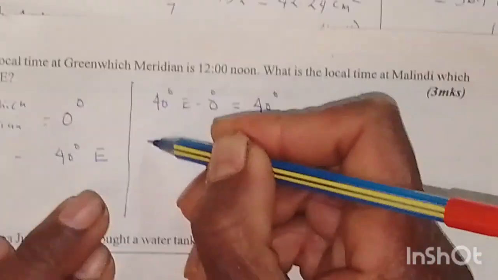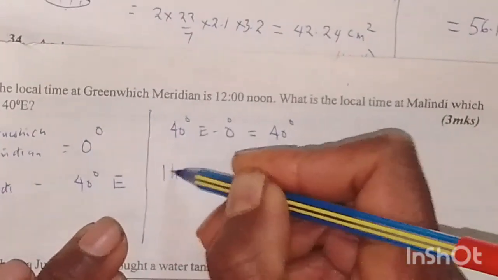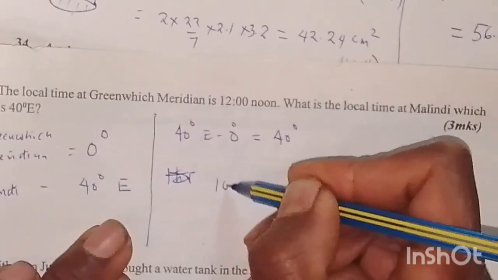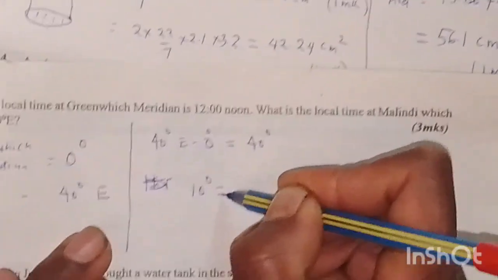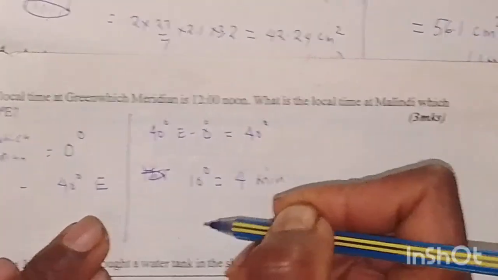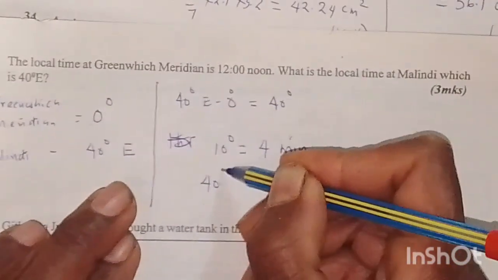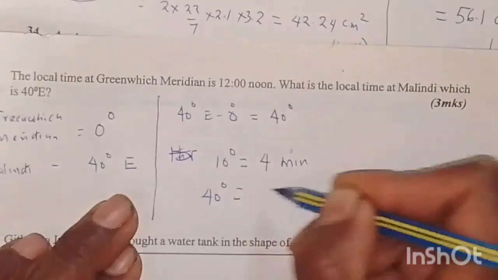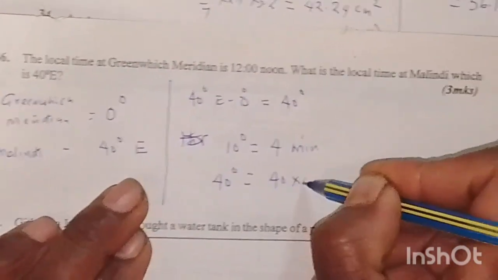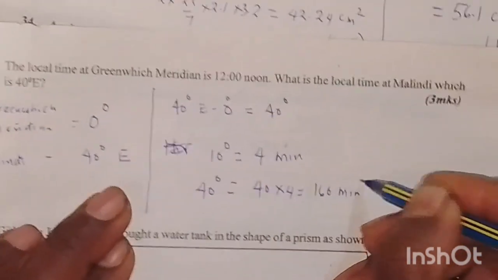Now, within 1 degree difference in meridian, it takes 4 minutes. The question I should ask is, how about 40 degrees east? It shall be 40 multiplied by 4, which is 160 minutes.